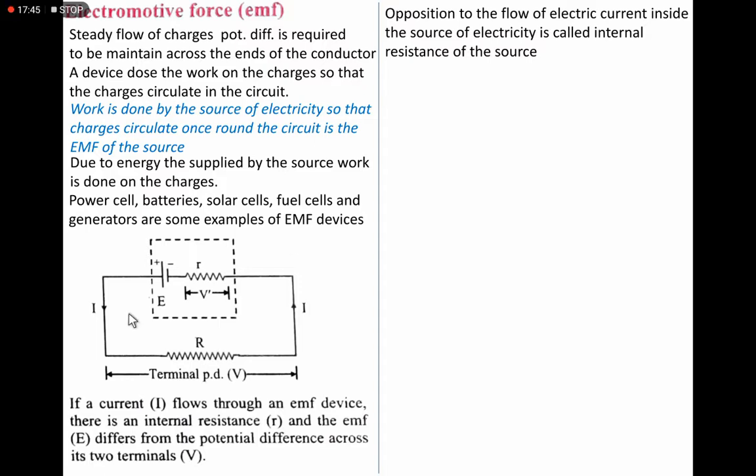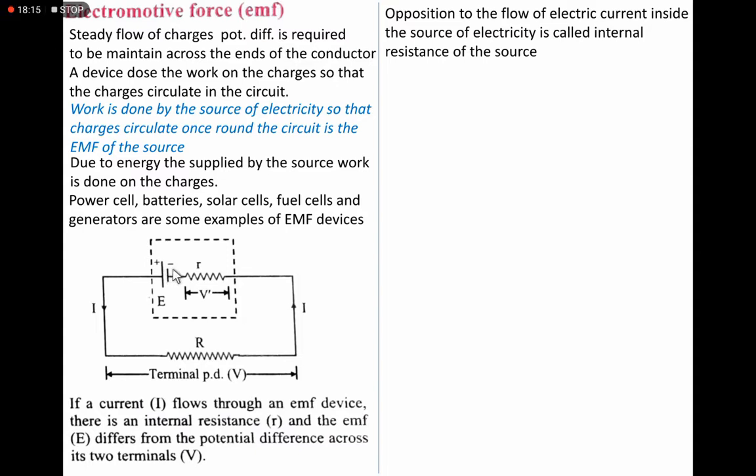See, the conventional direction of the electrons is from negative to positive, and positive charges move from positive to the negative terminal of the source. Means positive charges inside the source of electricity move from negative terminal to positive terminal, and electrons from positive terminal to negative terminal.